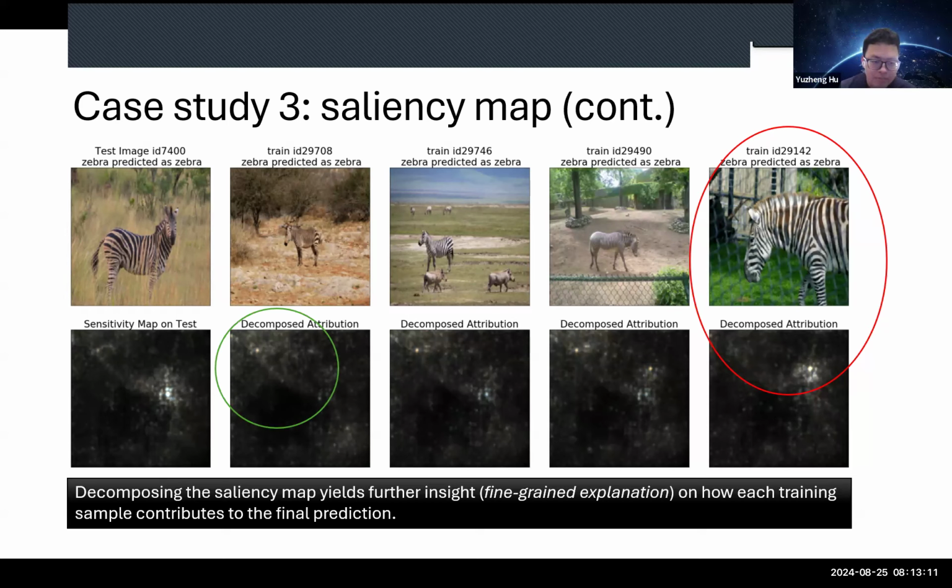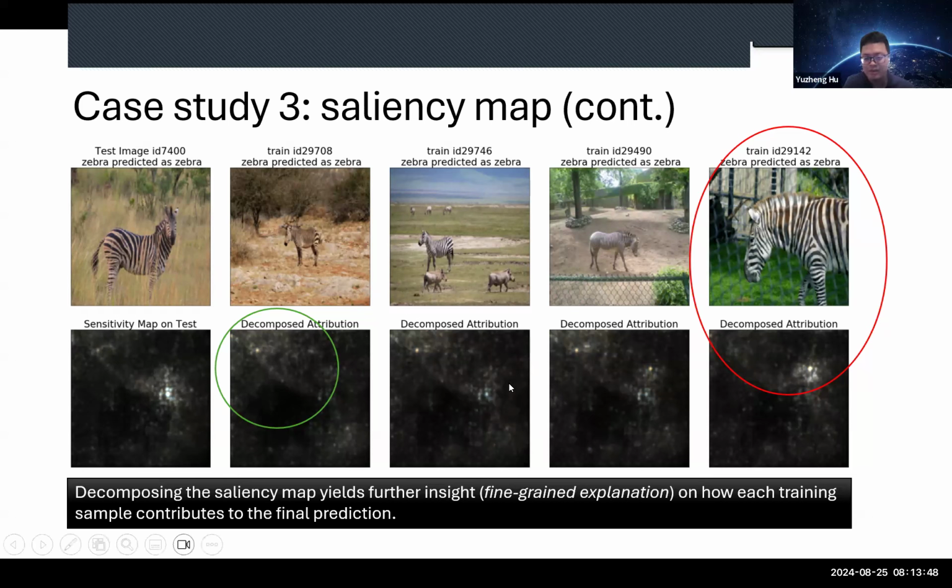But if you look at other figures, for instance the figures in the middle, we can look at the second column. Then we see that some of the activated or bright areas in this figure correspond to, say, the background of the image. So this means that these samples all have very high contributions to the model's final prediction, at least according to the representative value or the representative point selection, but they have different ways of contributing to it.